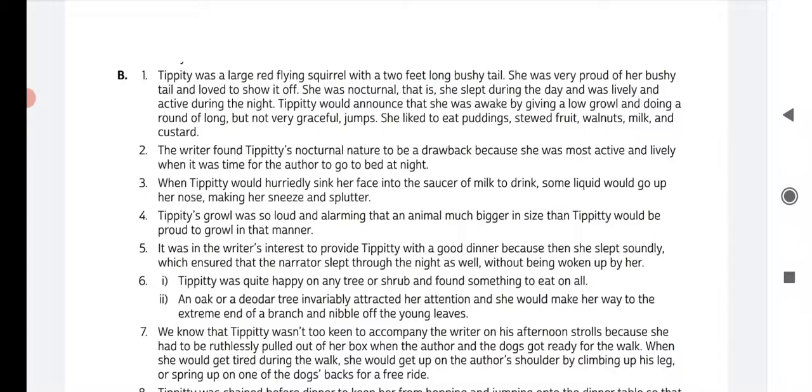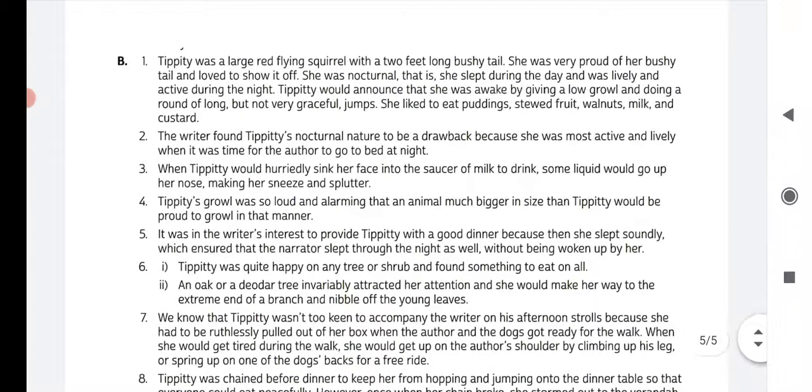It is a very interesting answer because it is about Tippity, the main character, the flying squirrel. I repeat, Tippity was a large red flying squirrel with a 2 feet long bushy tail. She was very proud of her bushy tail and loved to show it off.